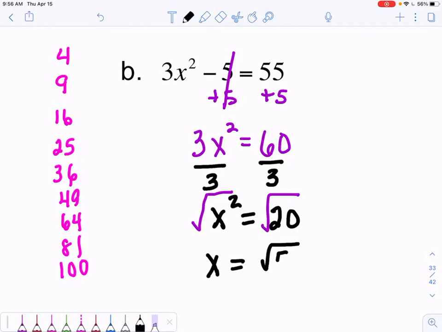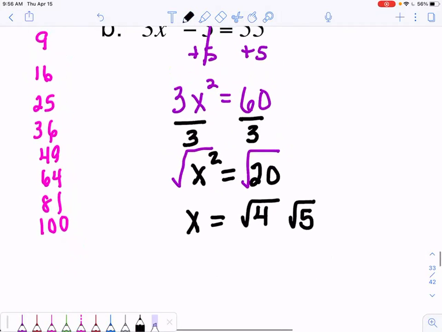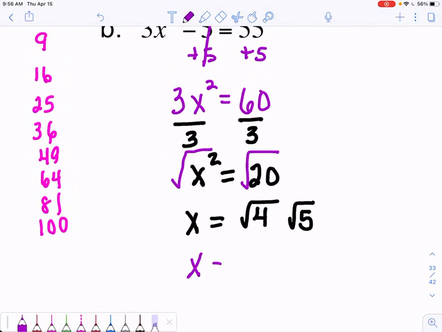So square root, let's write the 4 first. Square root 4, square root 5. And then Emma, what's that answer become? Yeah, so 2 square root 5. And then don't forget that plus or minus in front. Every single one of them. After you take the square root, there are 2 answers for x. Questions?